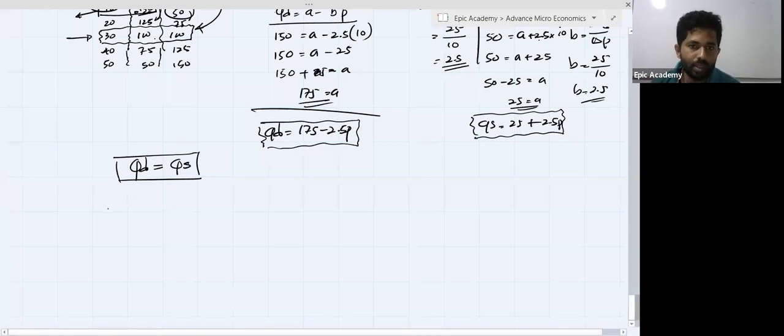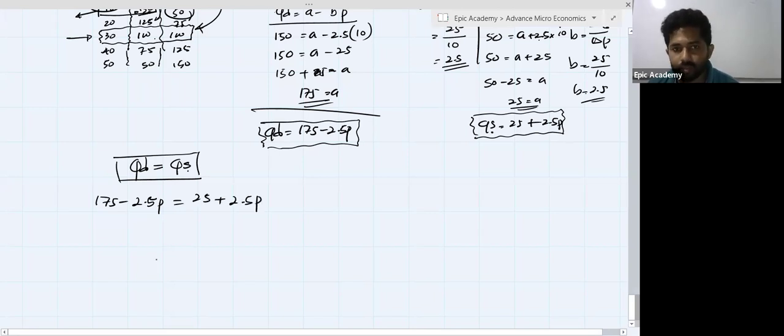Quantity demand is represented by the QD equation, that means 175 minus 2.5P. Quantity supply is represented by the QS equation, that means 25 plus 2.5P. So we have to use these.